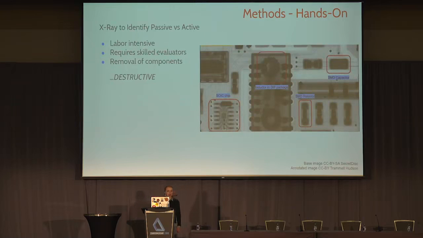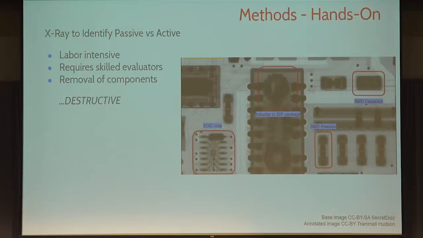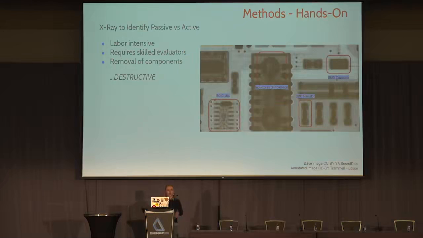Additionally, you can use X-rays to detect passive versus active, like I was talking about earlier. So here on the right, we see the X-ray of a board. This isn't a Supermicro board, but same idea. Usually these boards are much more complicated than this. This is pretty simple. So you'd have maybe thousands of different components in this X-ray that you're actually looking for active components.